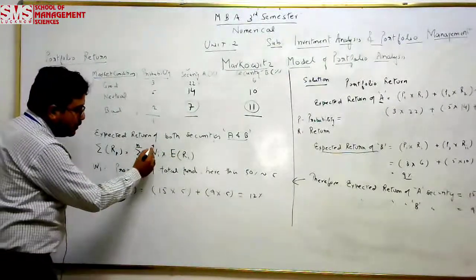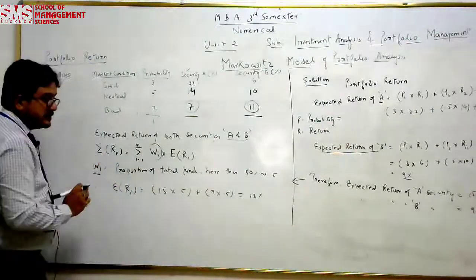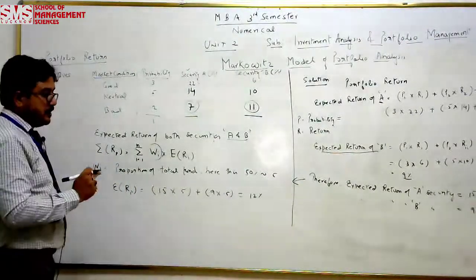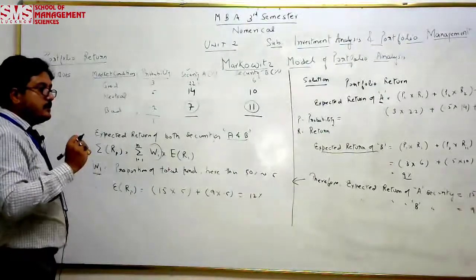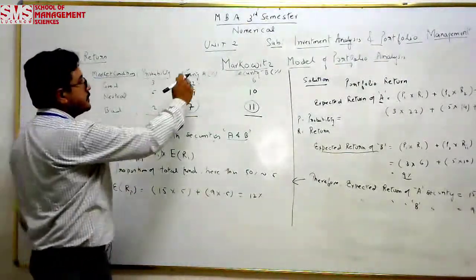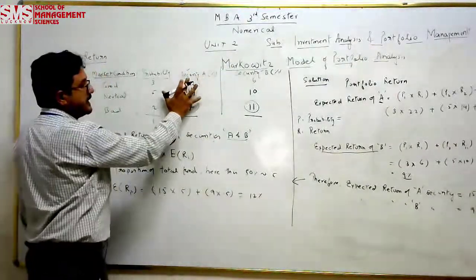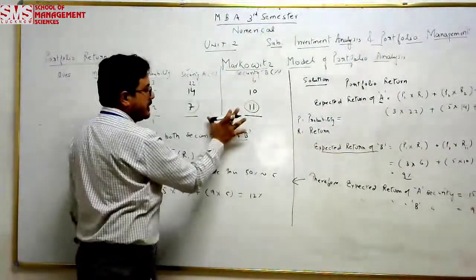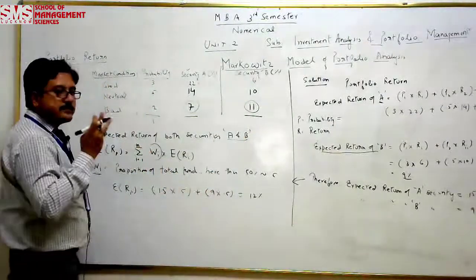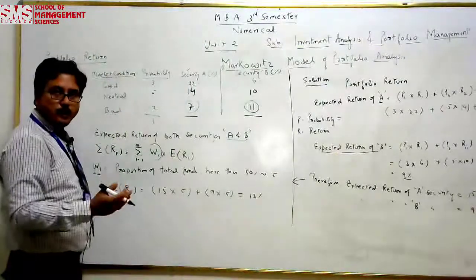Now, Wi is the proportion of the fund. Here, the proportion of fund is 50% of A and 50% of B, total 1. If we have 3, then the proportion will be 0.3, 0.3 and 0.3 or 0.34.